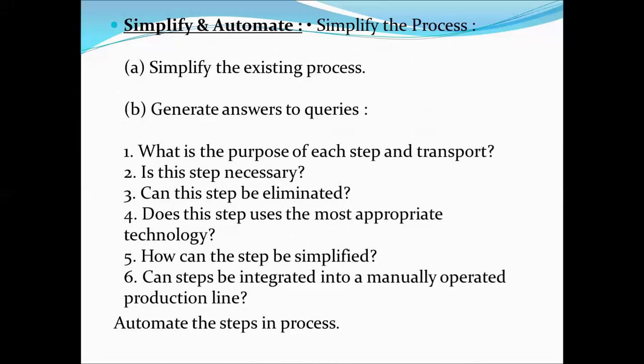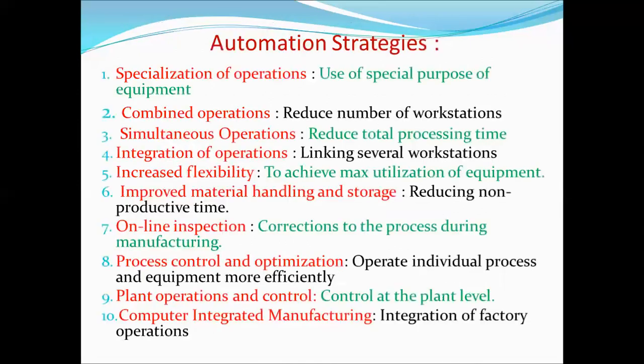These steps can be performed for the process, and some of the 10 strategies of automation and production systems are applicable to simplify the process. And if these steps are combined, it will be a great help for the system.